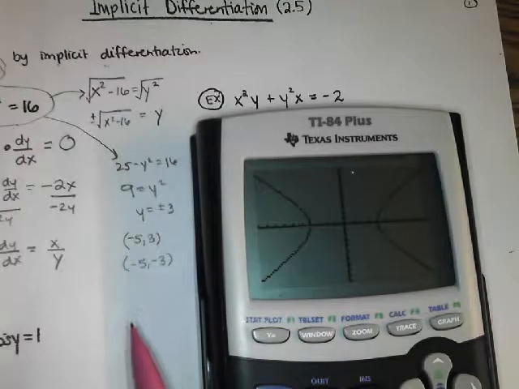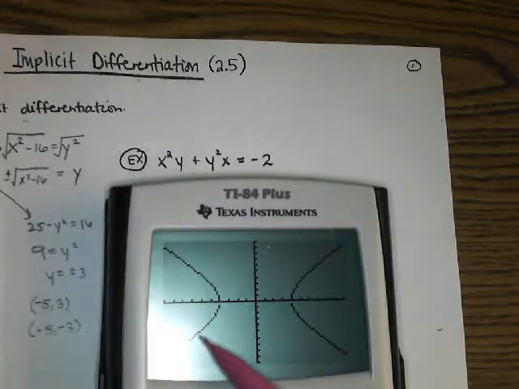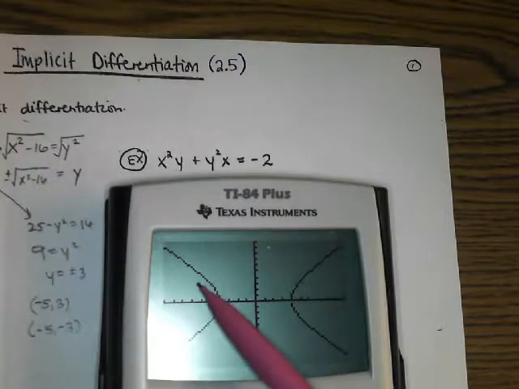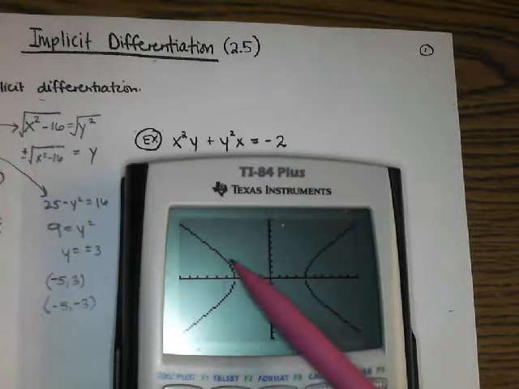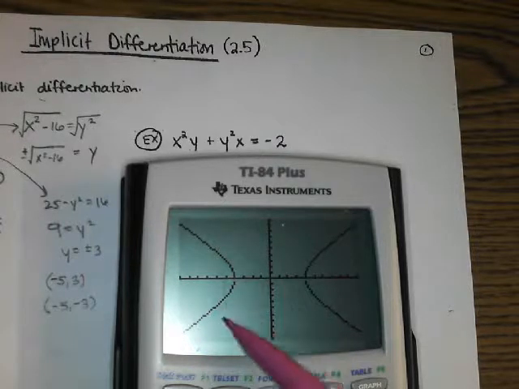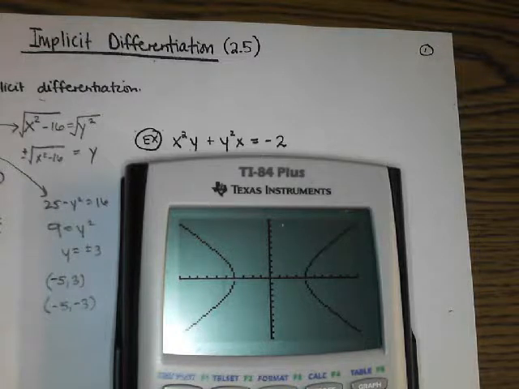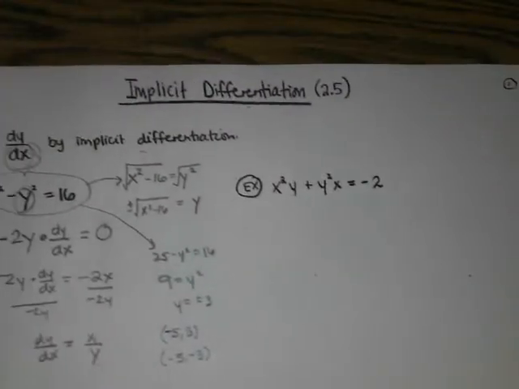They're the same numerically because these graphs are symmetrical about the x-axis. The one up here has a negative slope, and the one down here has a positive slope. Does this make sense? So this is implicit differentiation, taking the derivative of non-functions.